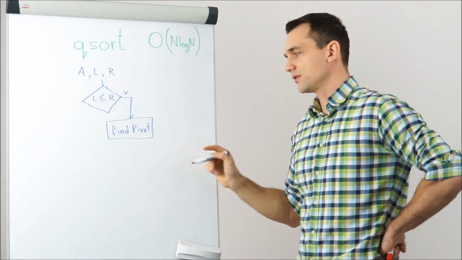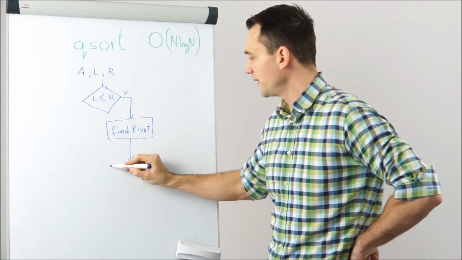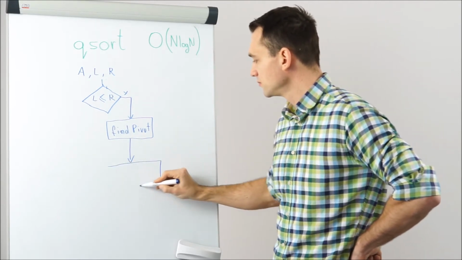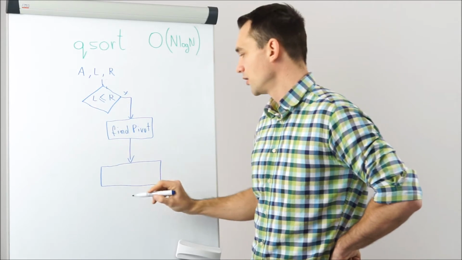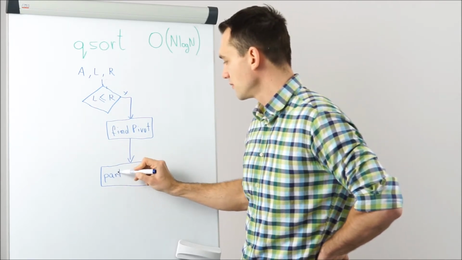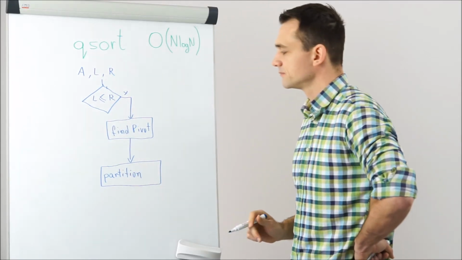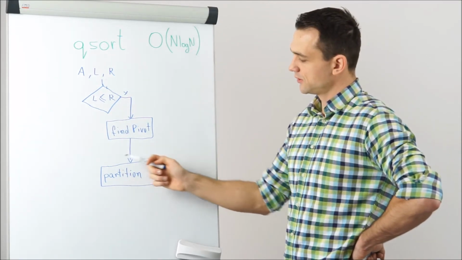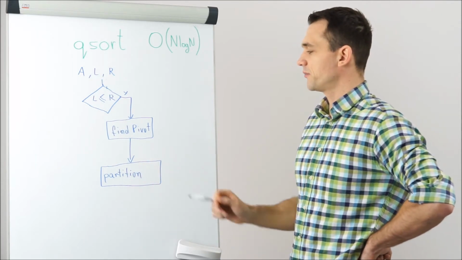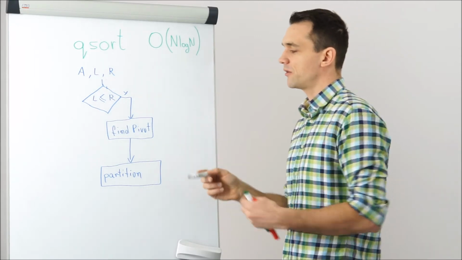After we found the pivot, we call the next block, which we call partition. This method is very important because at this place we are reordering our array.